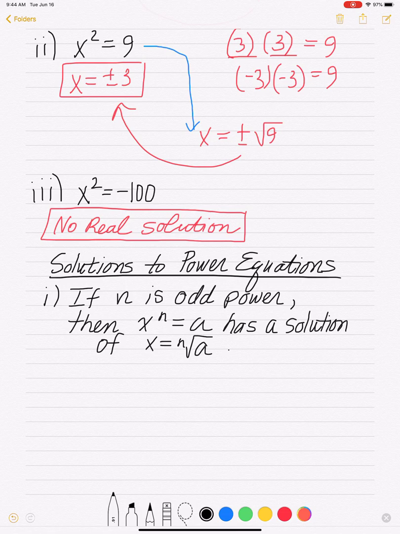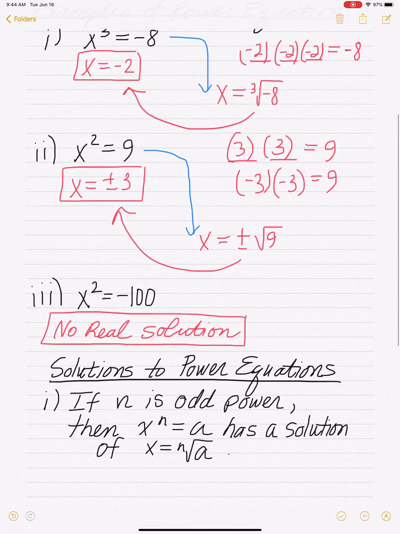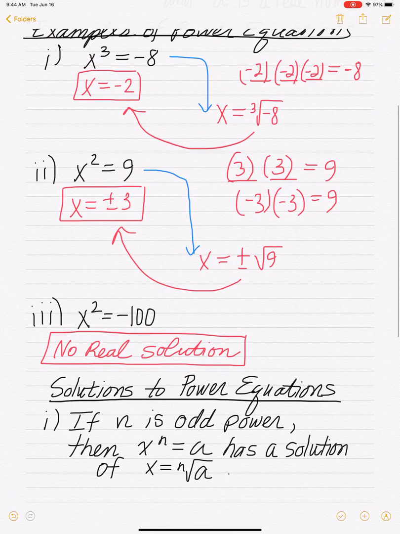That was exactly like our first situation where we had x cubed equals negative 8. We just had one solution. So to get that solution, we dropped the cube on the left-hand side of the equation, and we took the cube root on the right-hand side.